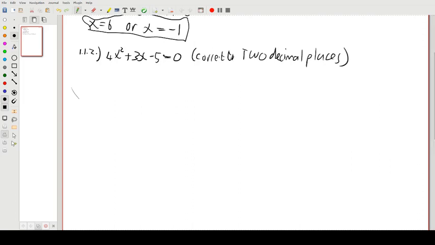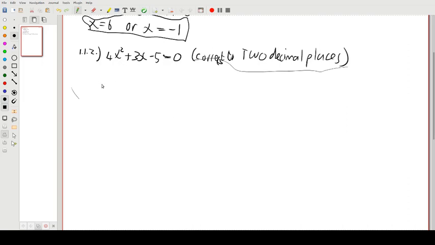As soon as we see correct to 2 decimal places anywhere, we know we're going to have to get a non-whole number, so it won't be able to factorize.